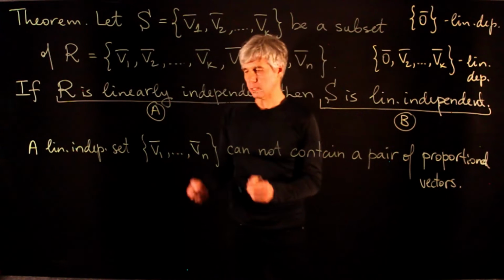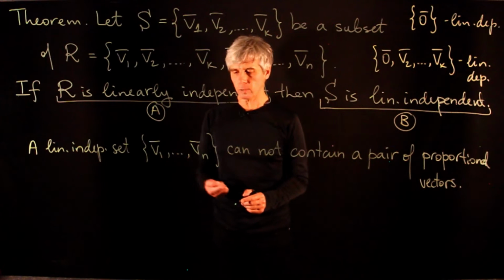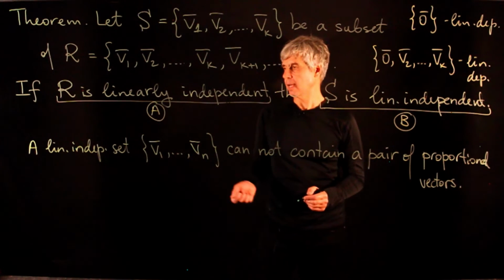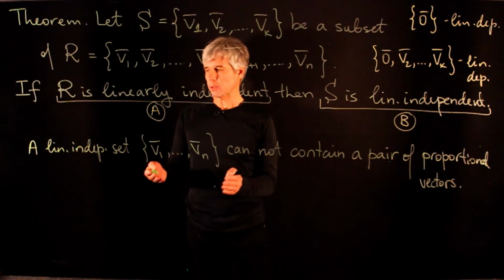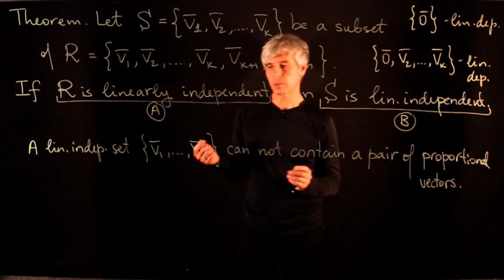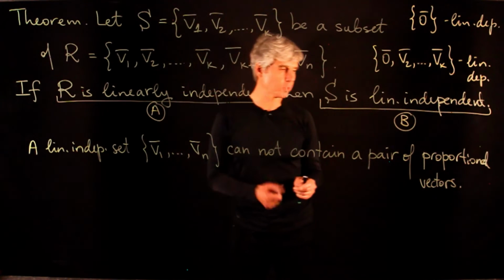Because we know that if we take two vectors where one is a scalar multiple of another, then this set of two vectors is linearly dependent. And since a subset of a linearly independent set is linearly independent, this means that we cannot have two vectors inside that are multiples of each other.